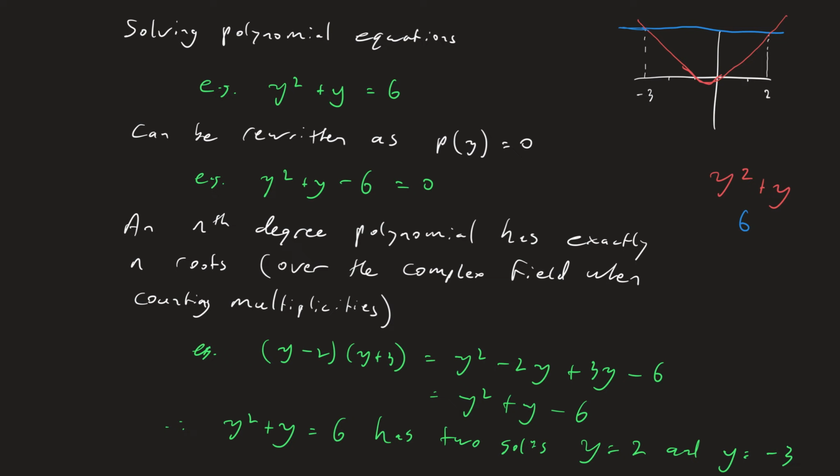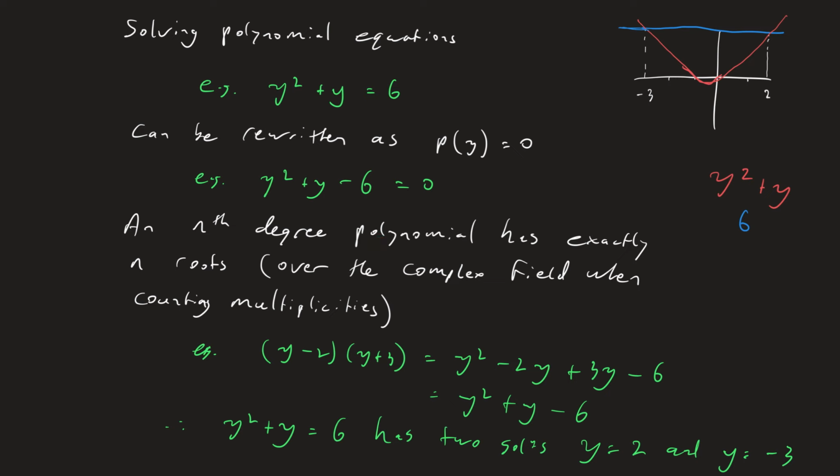There's a beautiful theorem that says an nth degree polynomial has exactly n roots. A root is a solution to p of y equals to 0. And when we're solving y squared plus y equals to 6, because we can bring 6 over to the left-hand side, then this rule here applies to this case as well.